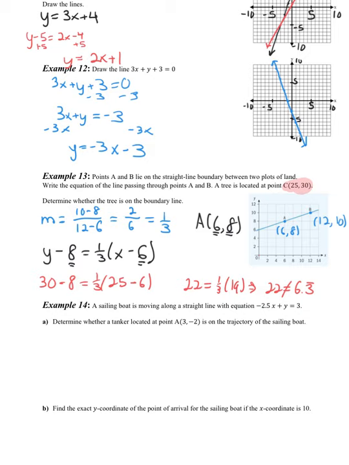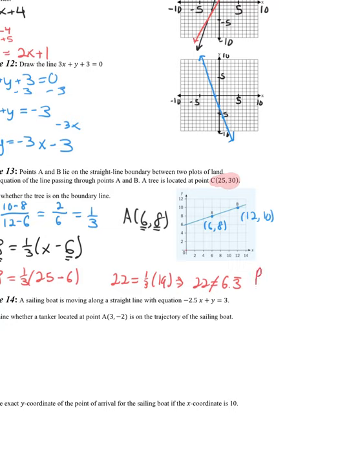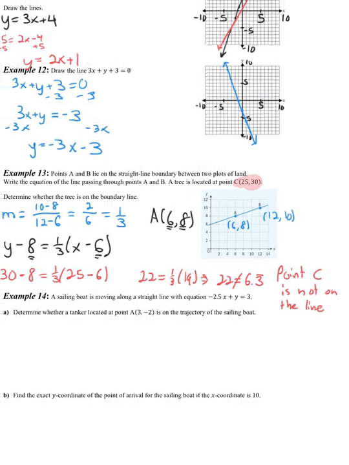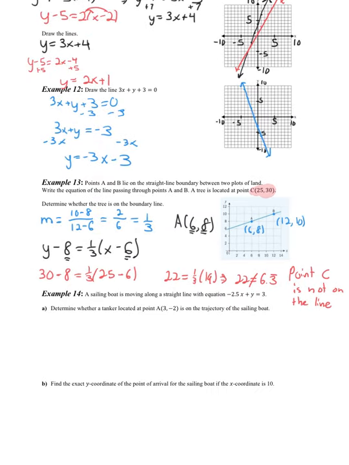They're not equal. So just that simple to say that this is not on the line. Okay. Point C is not on the line.